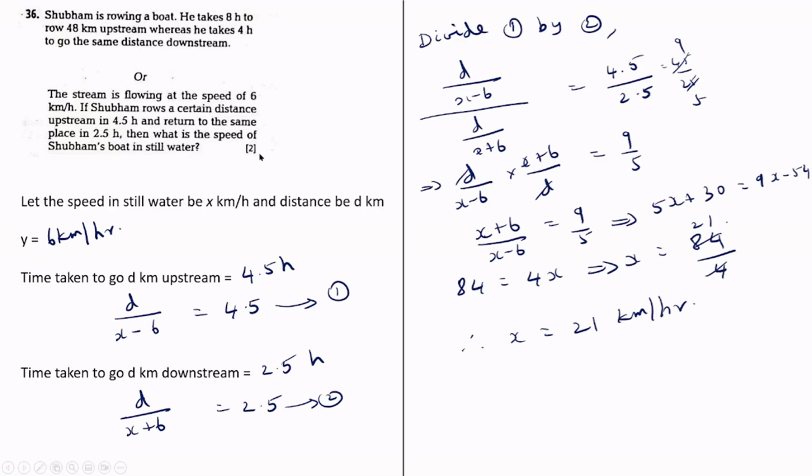So this is the speed of the boat in still water. Therefore, speed of boat in still water is 21 km per hour. So here this is a question for 2 marks.